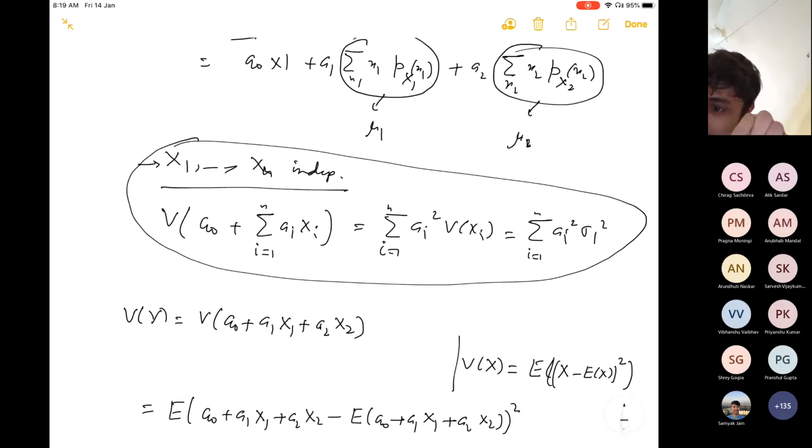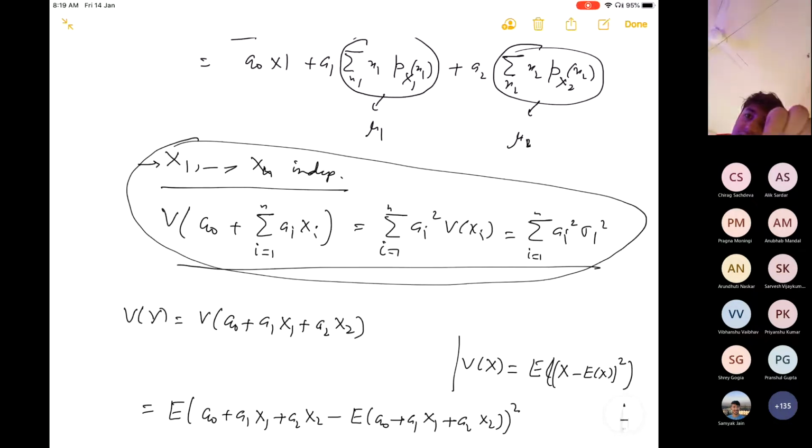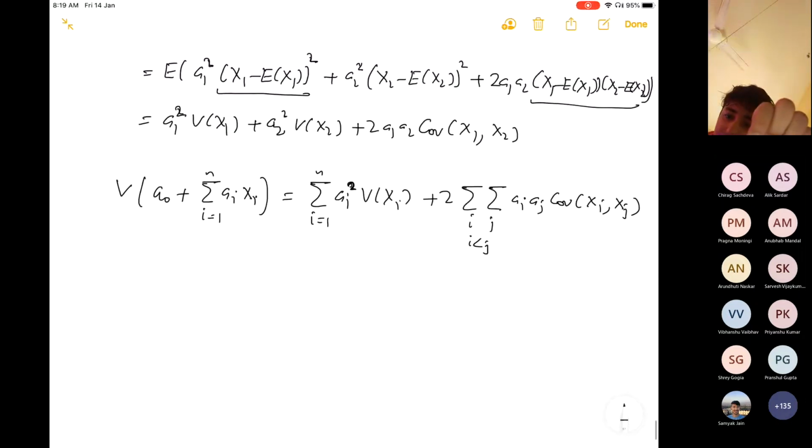So therefore this relationship will hold, summation ai square variance of xi. If the variables are uncorrelated, meaning the covariance between them is 0, then also the covariance term will be 0. They may not be independent, but if they are uncorrelated, then also the covariance is 0.